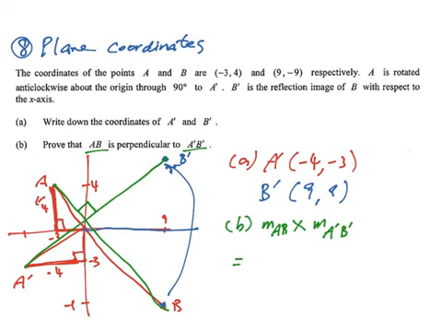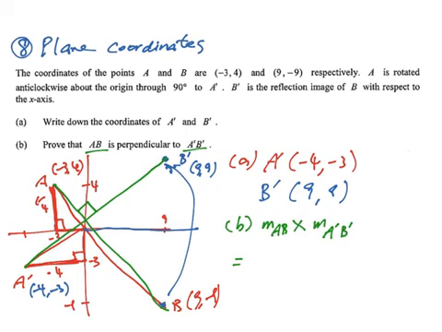So let's see. Slope is y2 minus y1 over x2 minus x1. So let's see the coordinates. For point A, -3, 4, and for point B, 9, -9, B dash is 9, 9, A dash is -4, -3.